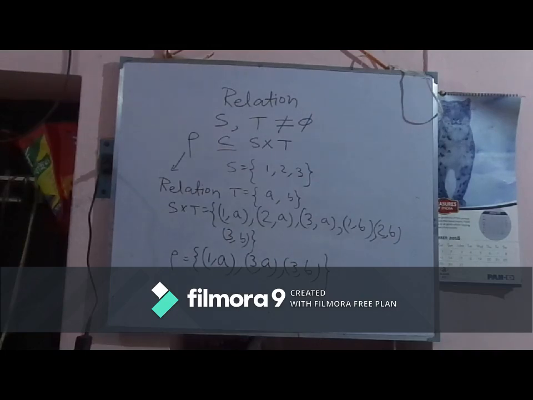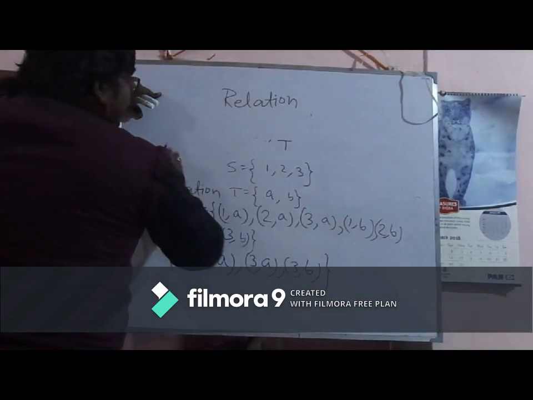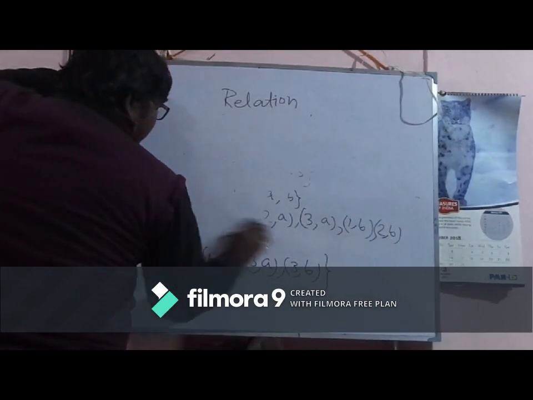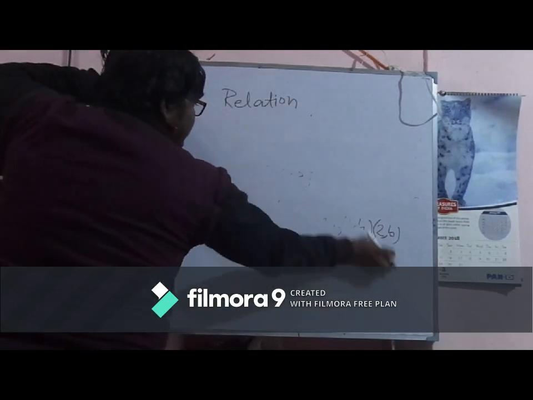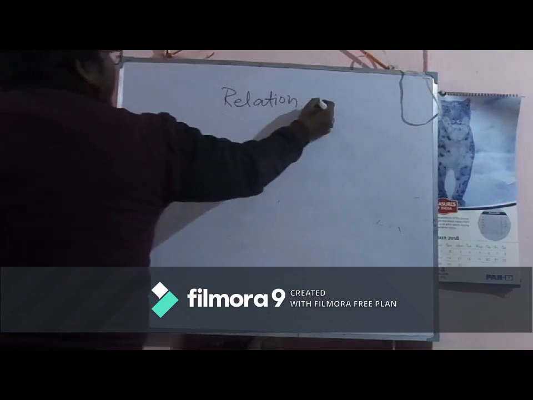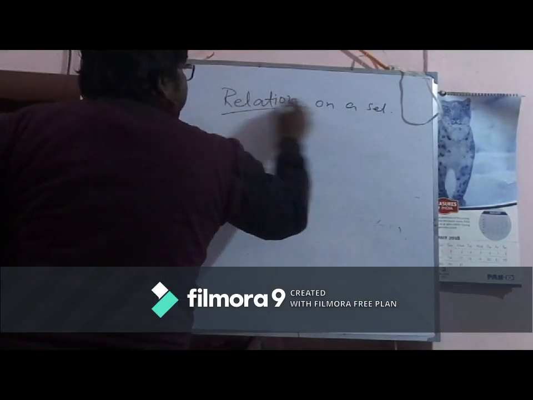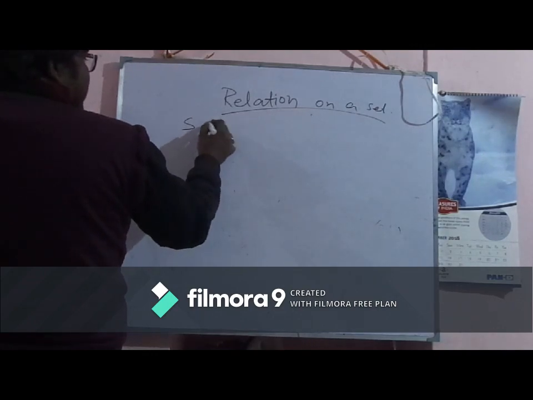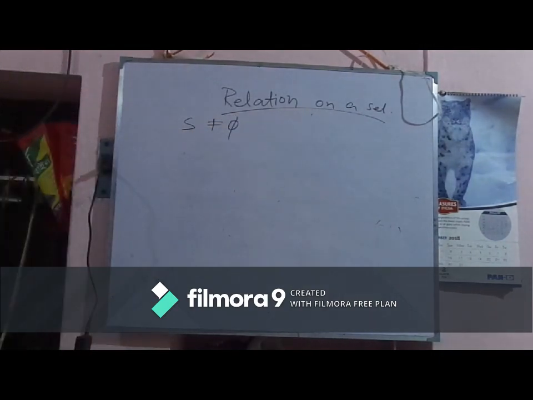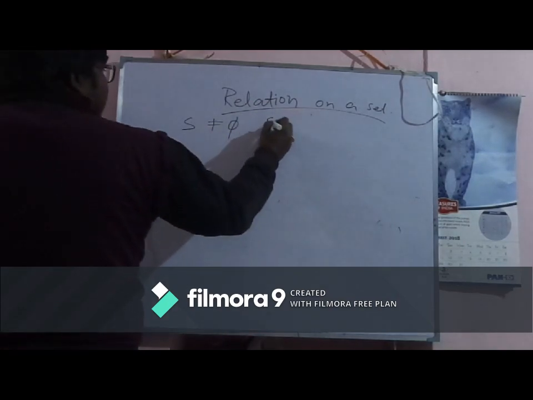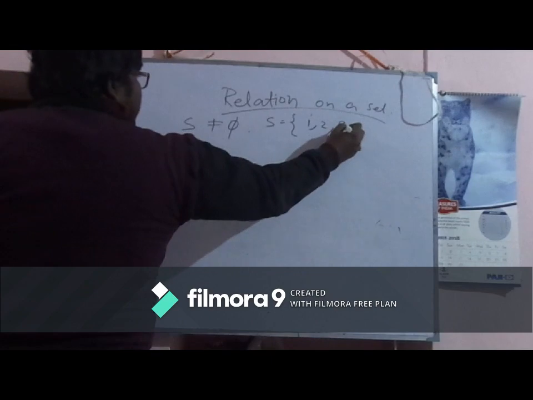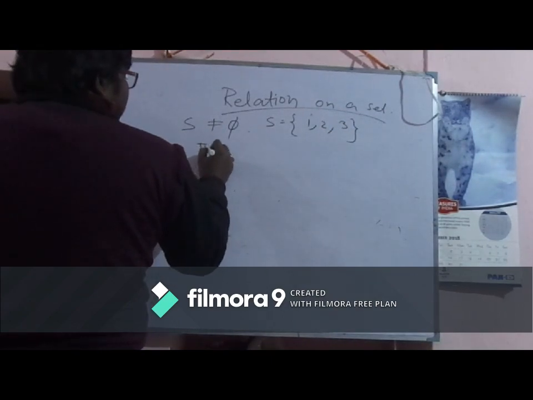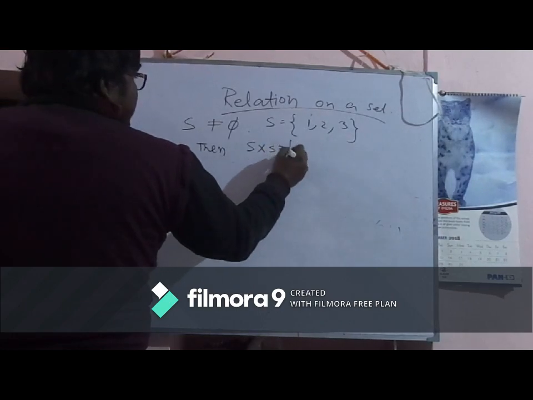Now I discuss relation on one set. If we take a non-empty set S, then a relation on S is a subset of S cross S. For example, if S equals {1, 2, 3}, then S cross S contains 9 elements.